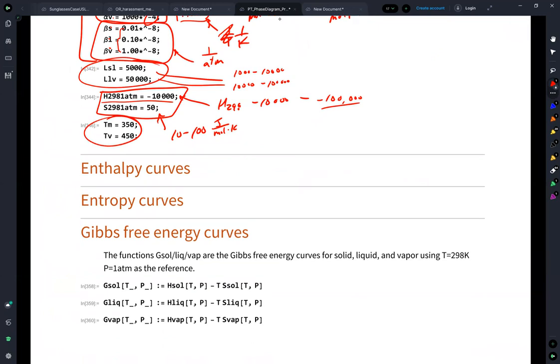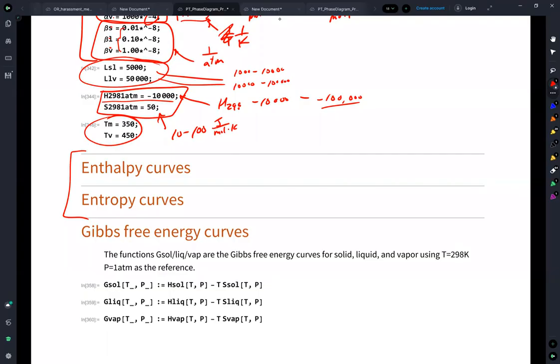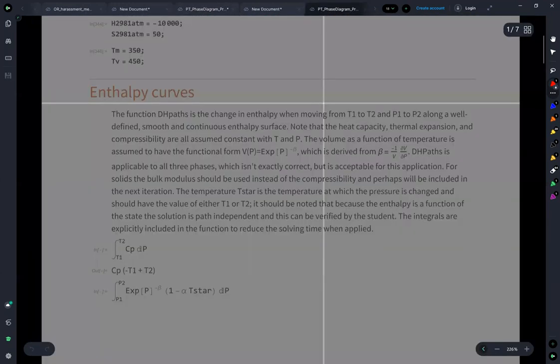And I cleverly closed my curves before I printed this. Let me open a new document. Okay, sorry. Here are the enthalpy curves.